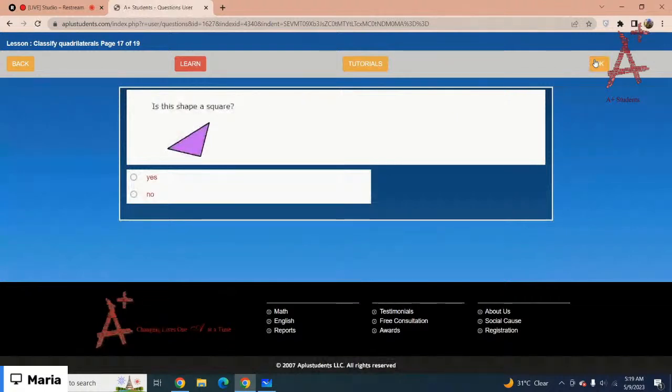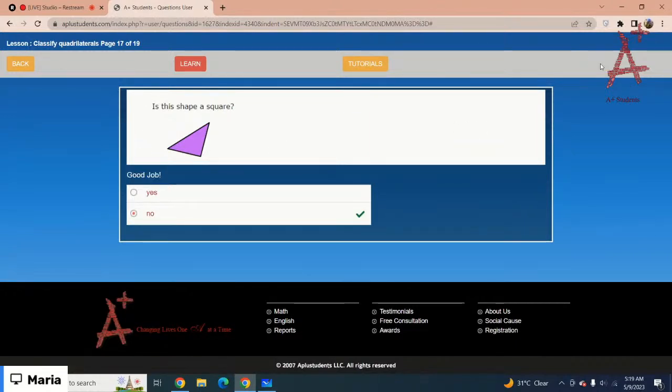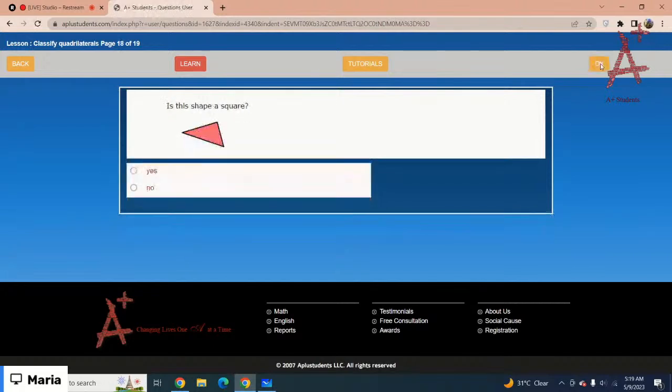Okay, is this shape a square? It would be no. Is this shape a square?